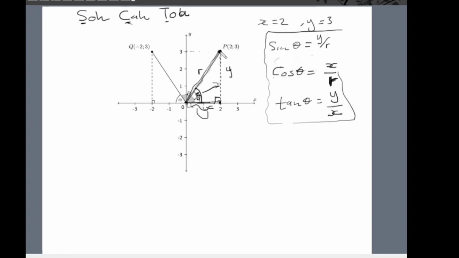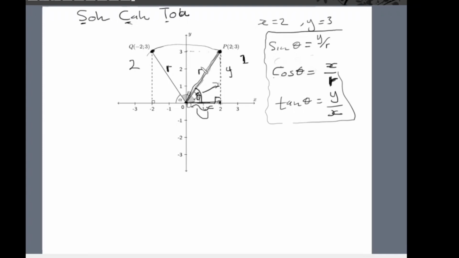But then as you rotate this line in an anti-clockwise direction, let's say you rotate it to this point, r is still the same, right? So now we were in the first quadrant, and then we take this line and rotate it to the second quadrant.